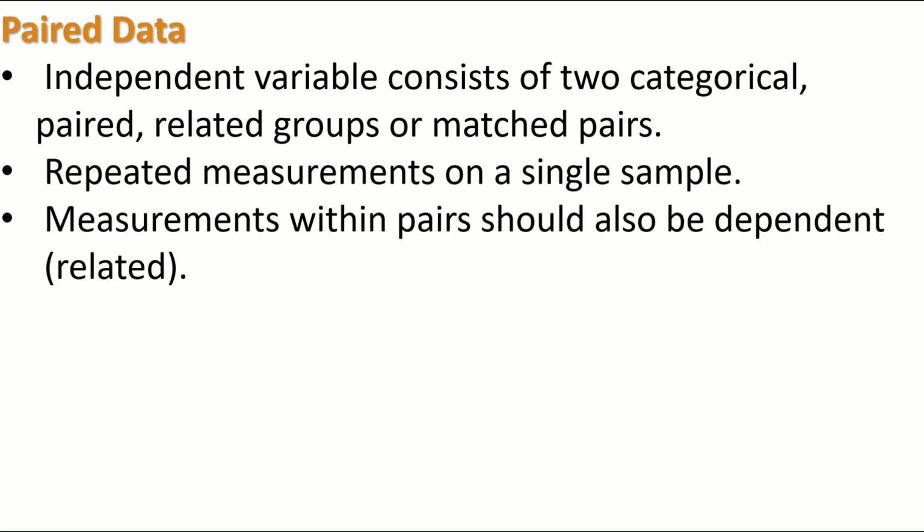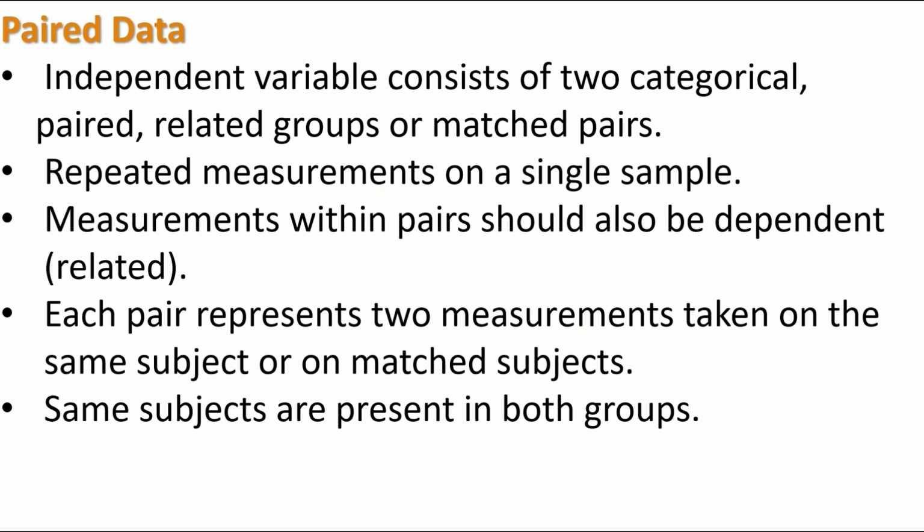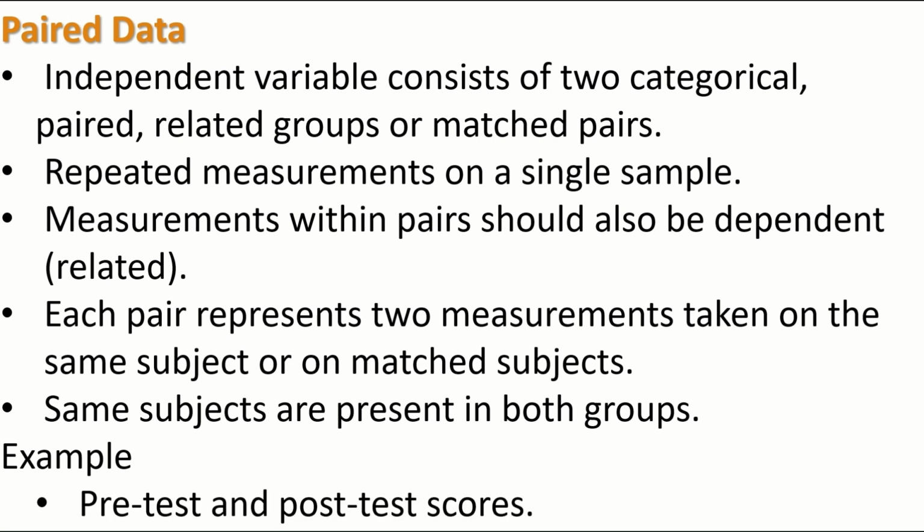So measurement within the pair should be dependent, i.e. related, and each pair represents two measurements taken on the same subject or on matched subjects, so that the same subjects are present in both groups. Example, those who participate in a pre-test and post-test, the same individual measured before the test and after the test.